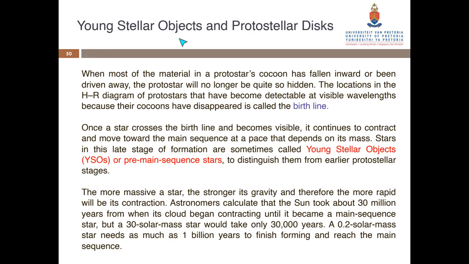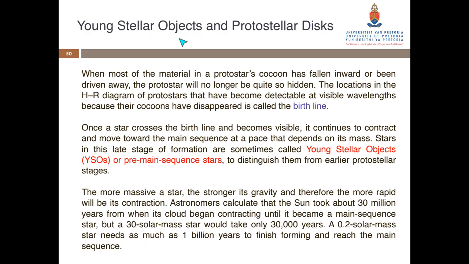The more massive a star, the stronger its gravity, and therefore the more rapid its contraction. Astronomers calculate that the Sun took about 30 million years from when its cloud began contracting until it became a main sequence star.